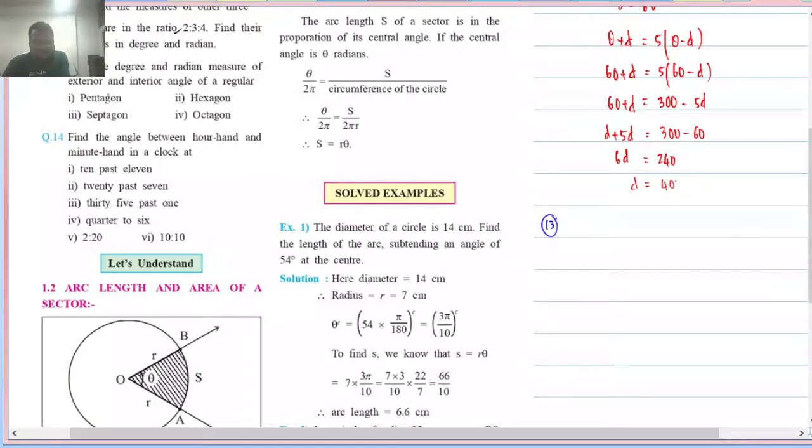Find the degree and radian measure of the exterior and interior angle of a regular hexagon. Let's look at the hexagon. Okay. So the hexagon has sides n equal to 6. What is the sum of exterior angles of any regular polygon? 360.